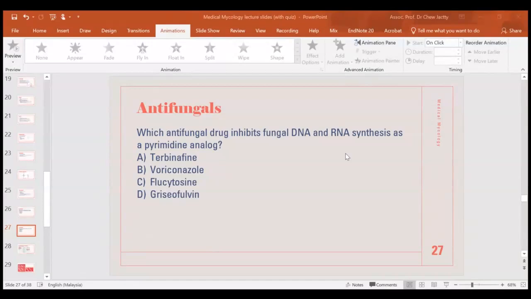Okay, answer is C. What about griseofulvin? Static, right? So this is inhibiting growth. This is not a killing effect. So for griseofulvin, the effect is actually fungistatic, not cidal, unlike our polyenes that can kill the fungal cell. The rest of you all following?